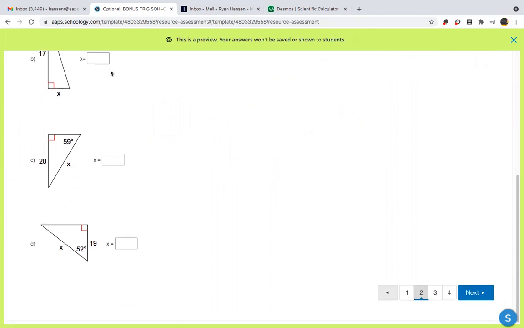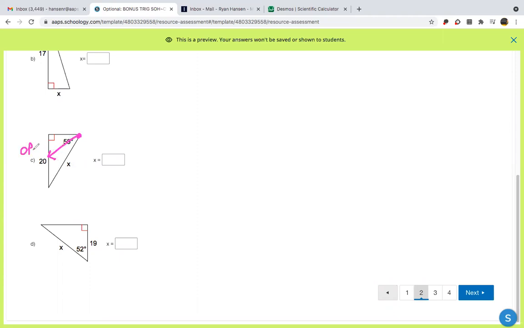Okay, part C. We have a new right triangle. Our reference angle is 59 degrees right here. So I want x and I need to use 20. So what parts of the right triangle with respect to 59 degrees are they? Well, to get from the 59 to the 20 side, I have to throw the rock across the triangle, bang, to the other side.